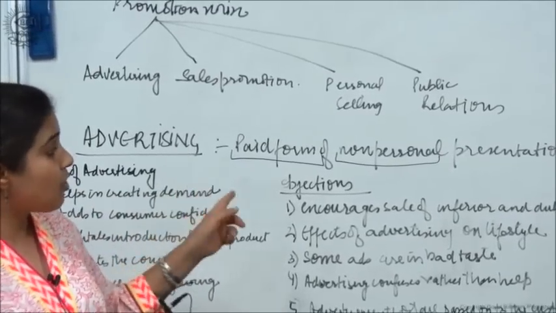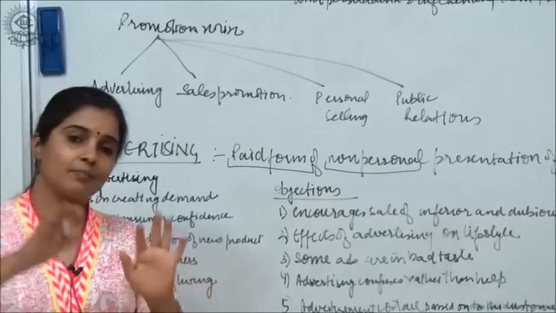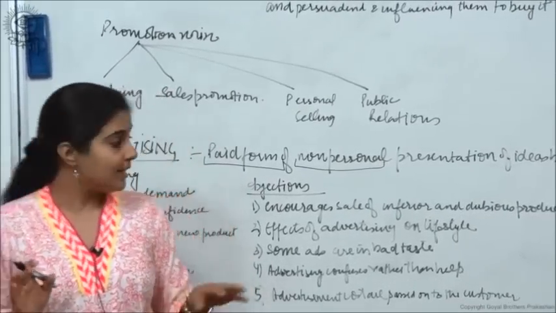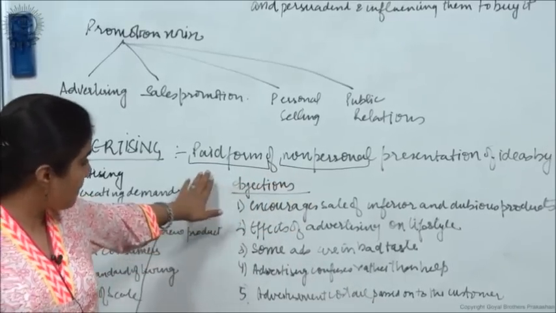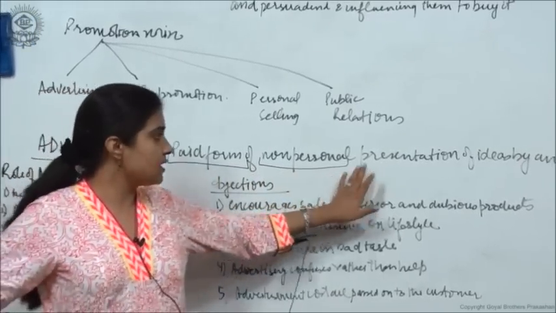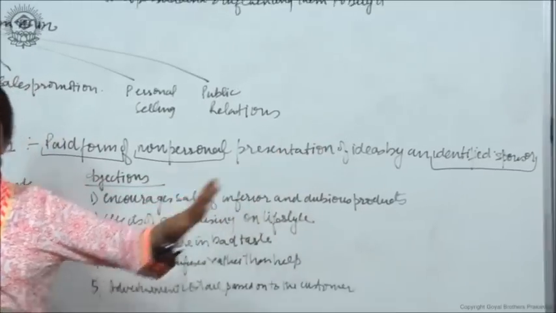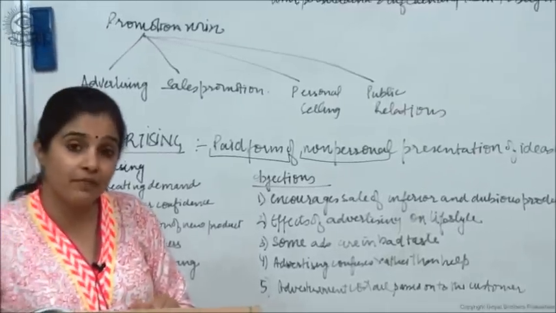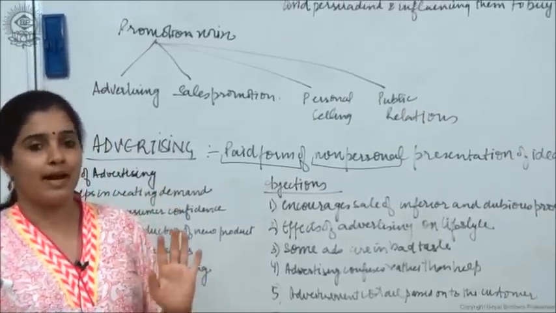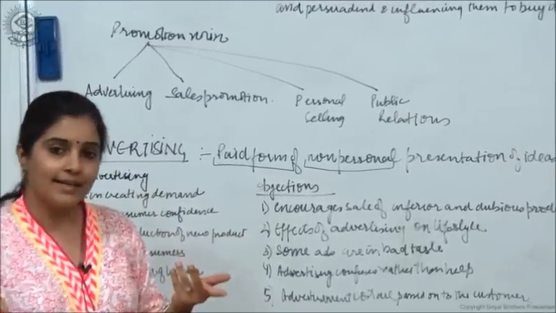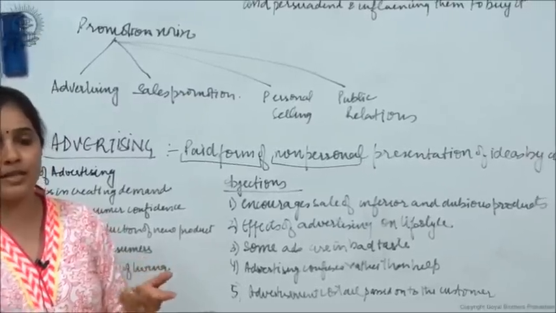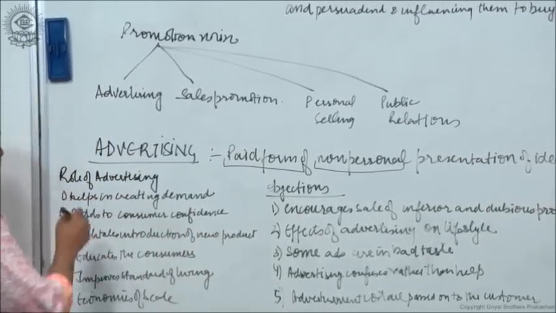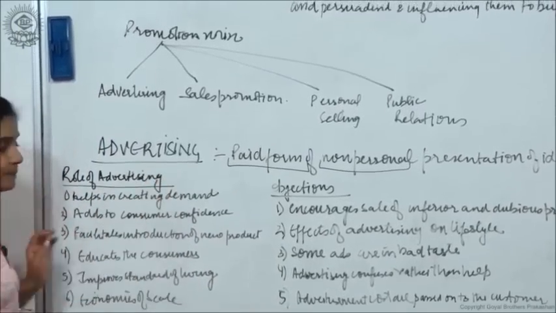Then, it is presentation of ideas by an identified sponsor. किसने ad बनवाई है, that sponsor is identified. किसकी ad है, whether it is an ad of HUL or an ad of IT, the sponsor is specified.